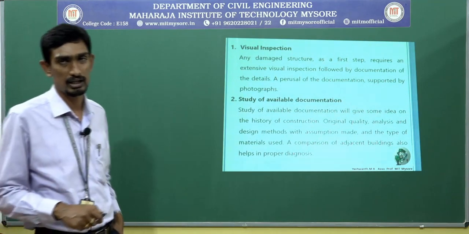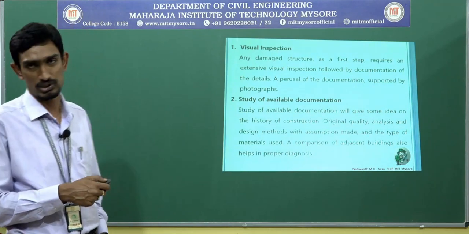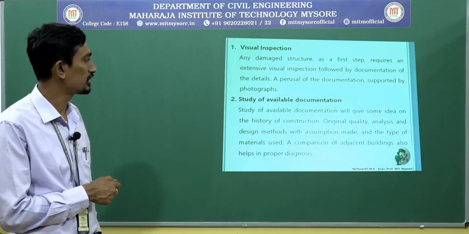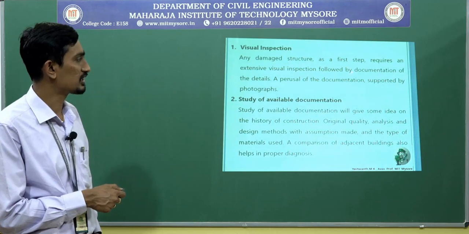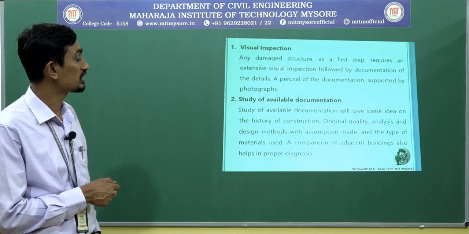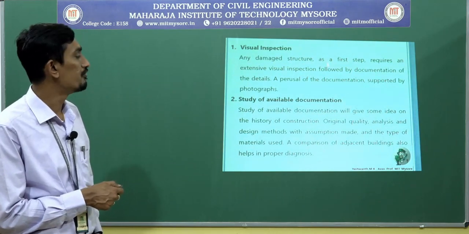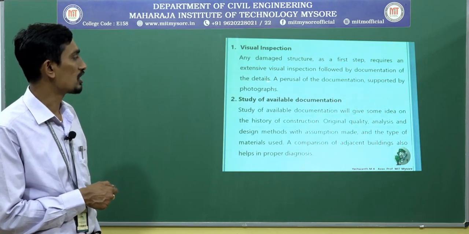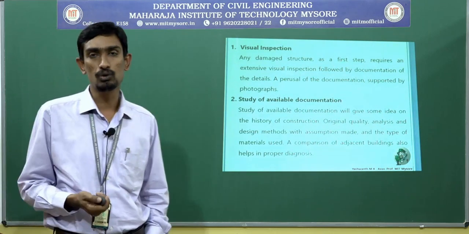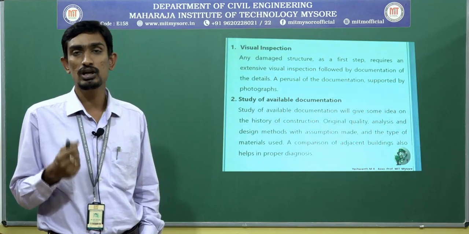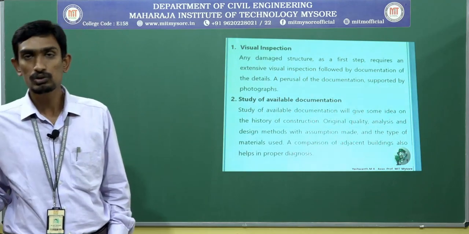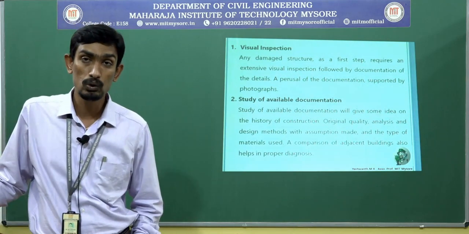In the visual inspection, any damaged structure as a first step requires an extensive visual inspection followed by documentation of details. So that's what I have told. Extensive visual inspection. We need to thoroughly inspect.